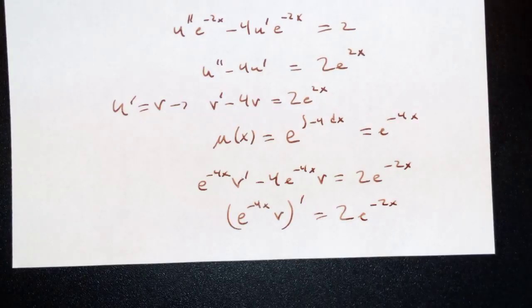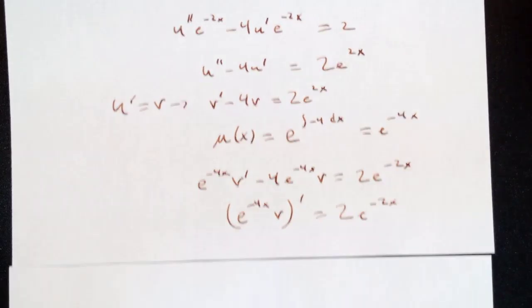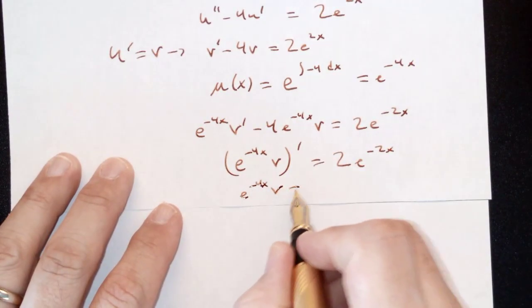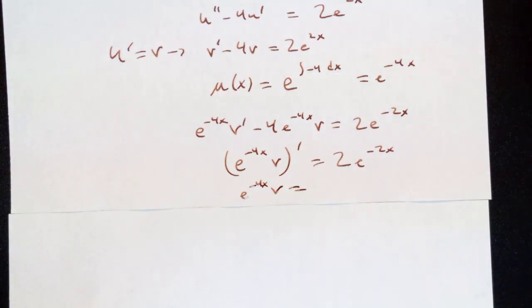Now work your way back to y2. e to the minus 4x v is equal to, what's the integral on the right-hand side?